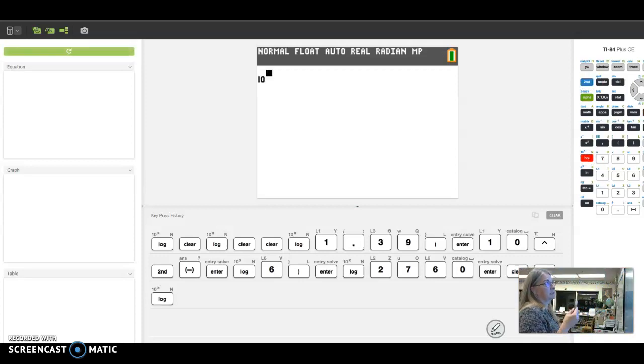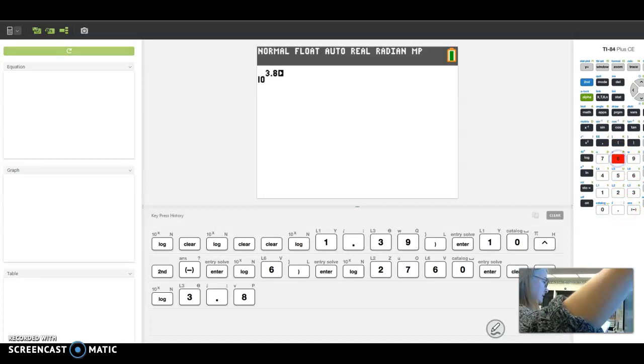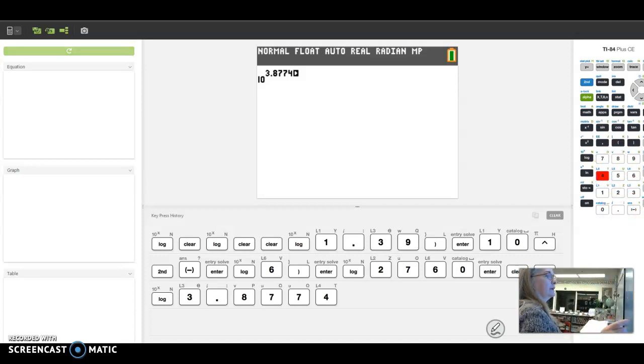So it'll bring up 10 to the power of, and then I need to type in my exponent, which is 3.8774.